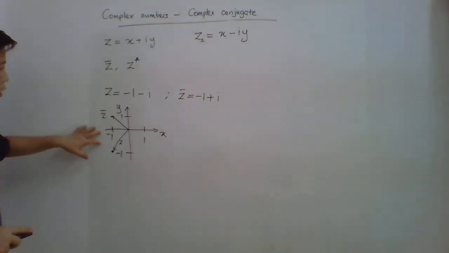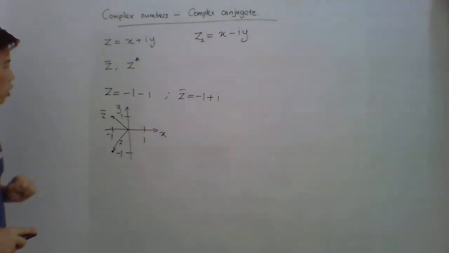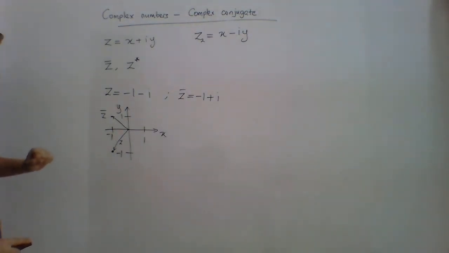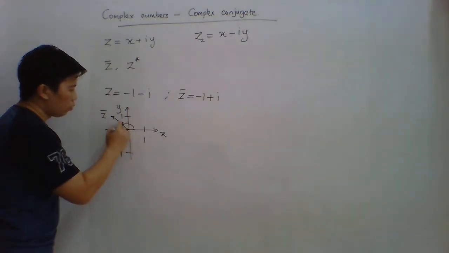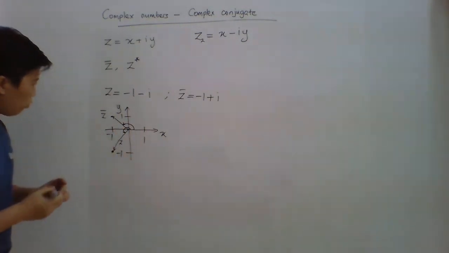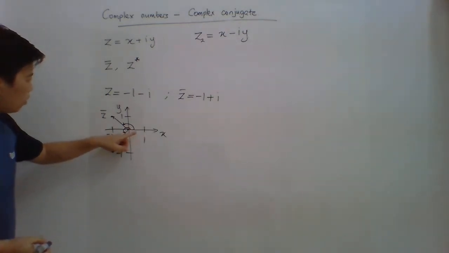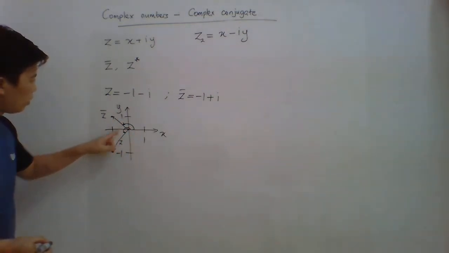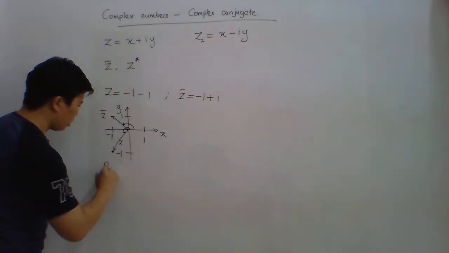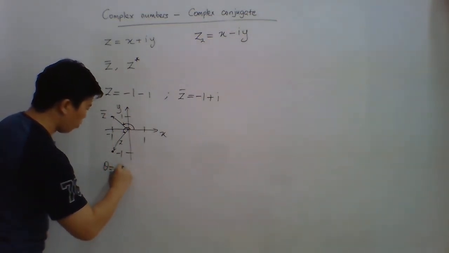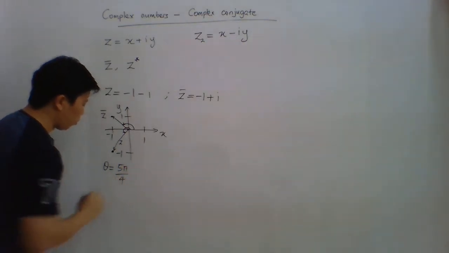Over here you will see that when you take the conjugate of it, the angle is going to change because the angle is defined from here, and this is different from here to here. In the previous example, we talked about if you find the angle over here, the angle is going to be equal to 5 pi over 4.